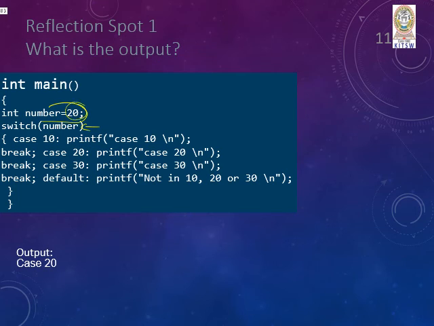So it goes to the case label with 20. So here this statement will be printed. Remaining statements will not be printed. When no case is matching, then the default statement will be printed. That is, if the number which you pass to switch is not 10, 20, or 30, for example if you pass 40, then it goes to the default.